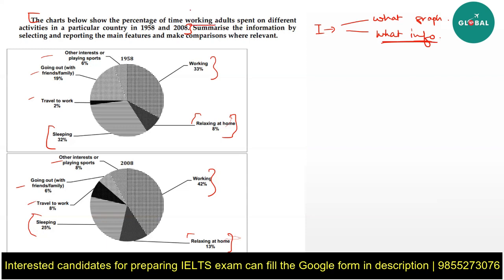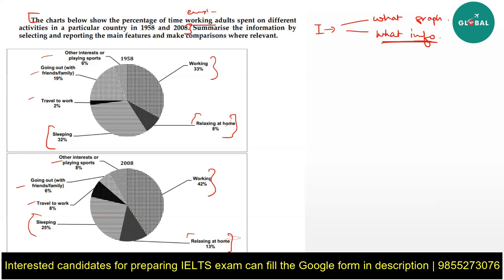So instead of saying working adults, I just said employed adults. All right, you can even say employed individuals. And then you can just say how much time they spent on different activities, different hobbies or anything like that, or their daily schedule. That could be a good word. You can just say that the two pie charts depict the daily schedule of employed adults in a country in two specific years, this and this.